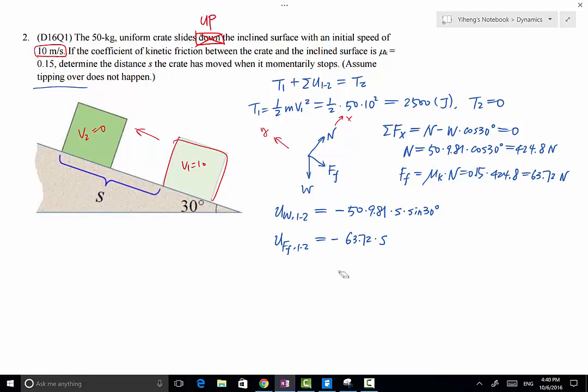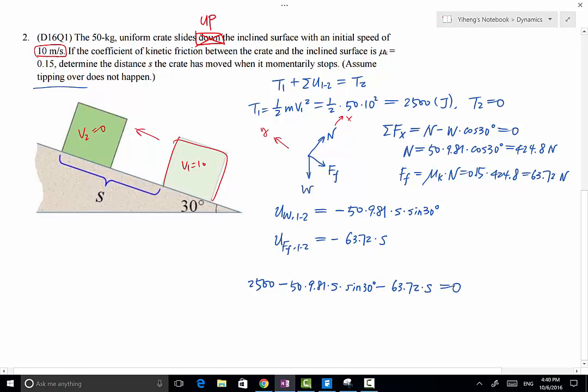And now we are ready to write our equation for the principle of work and energy. So we have T1, which is 2500 joule. And then we have two negative works. The first one is 50 times 9.81 times s times sine 30 degrees. The second one is negative 63.72 times s.